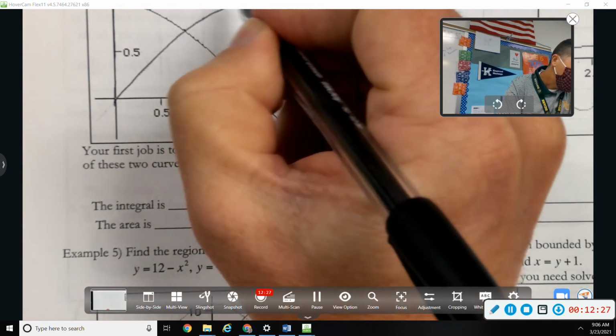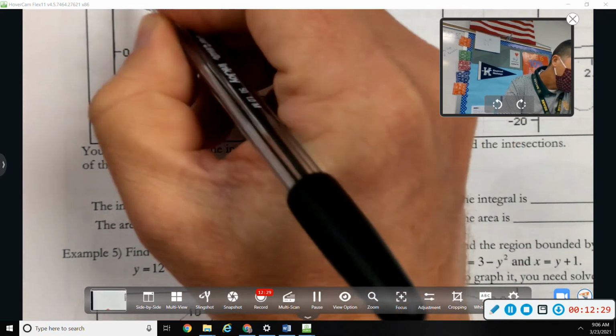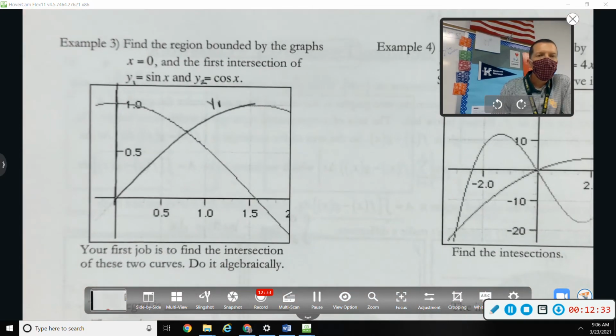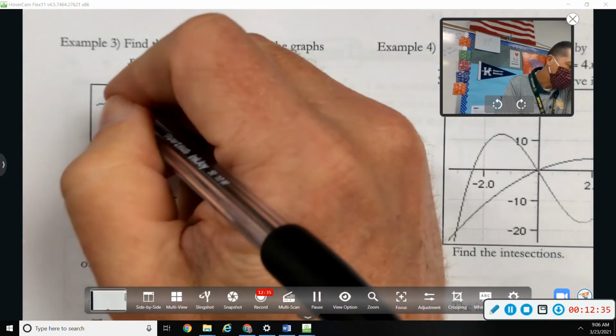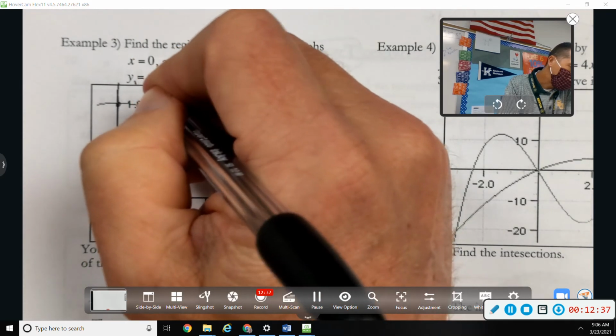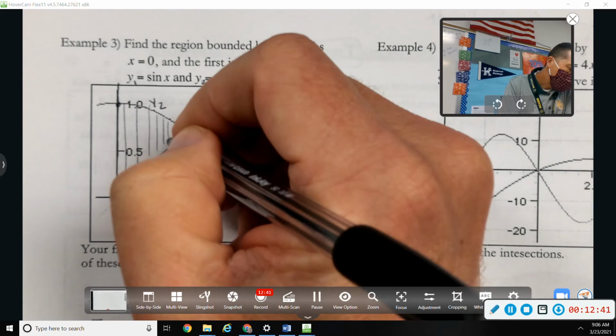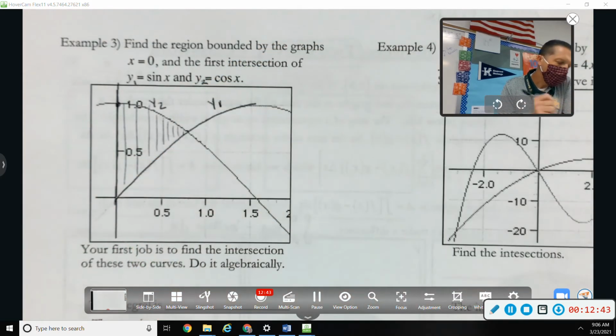So there's sine x. I'm going to label them 1 and 2 again. Cosine x starts at 1, so we'll call that one y2. So I'm looking for that region.